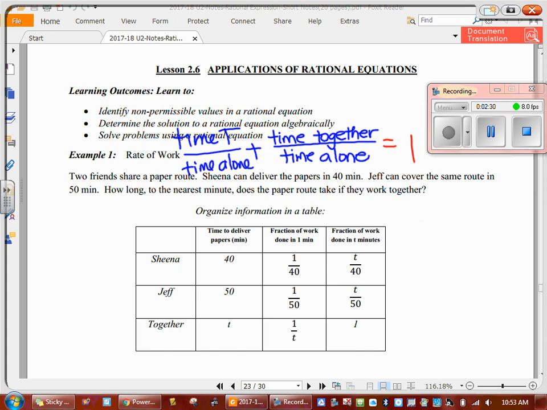We would set that into 1 over 1 as a fraction, because we're dealing with fractions here. So time together over time alone plus time together over time alone equals 1 full job completed.